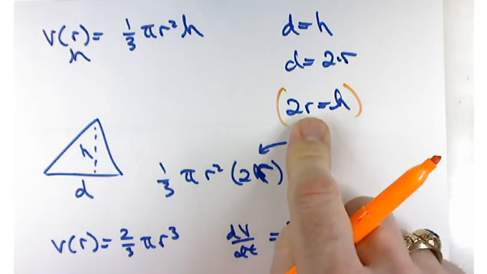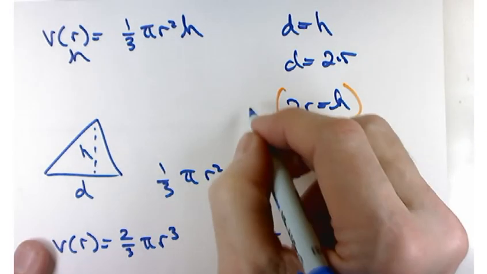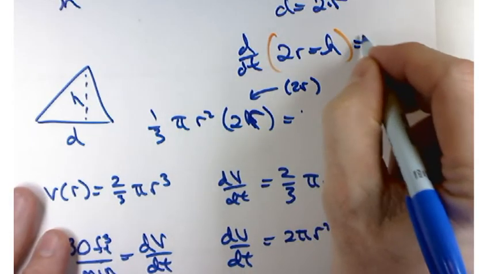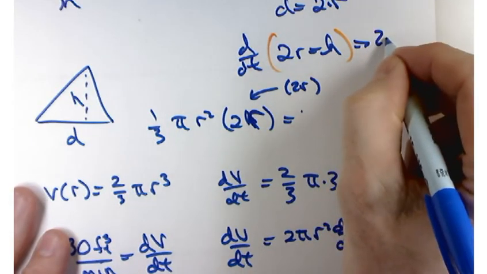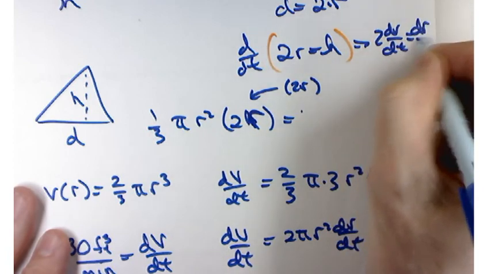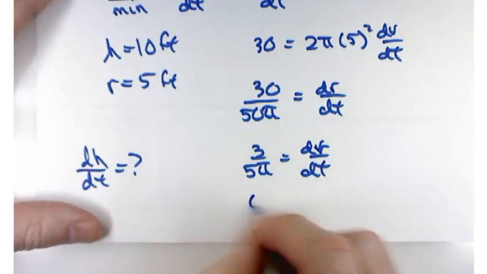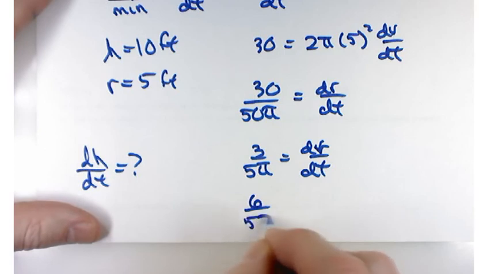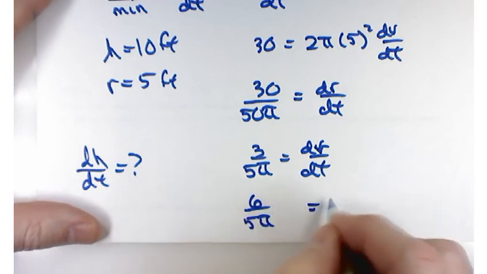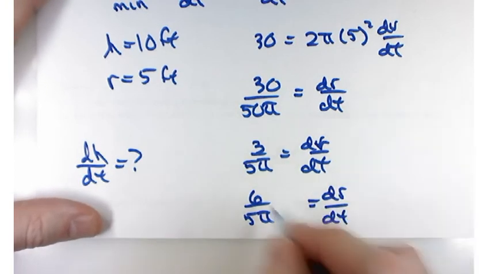What's the relationship going to be between dH dt and dr dt? So we'll get 2 dr dt equals dH dt. So if I multiply this by 2, I'll end up with 6 over 5 pi equals dH dt. And the units would be in feet per minute.